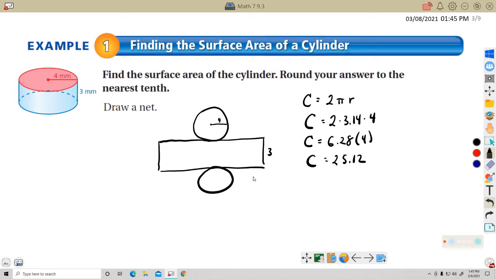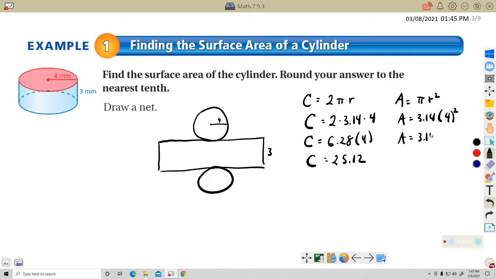Now we have to find the area of the circle. The area of the circle is pi r squared, so the area is 3.14 times 4 squared.